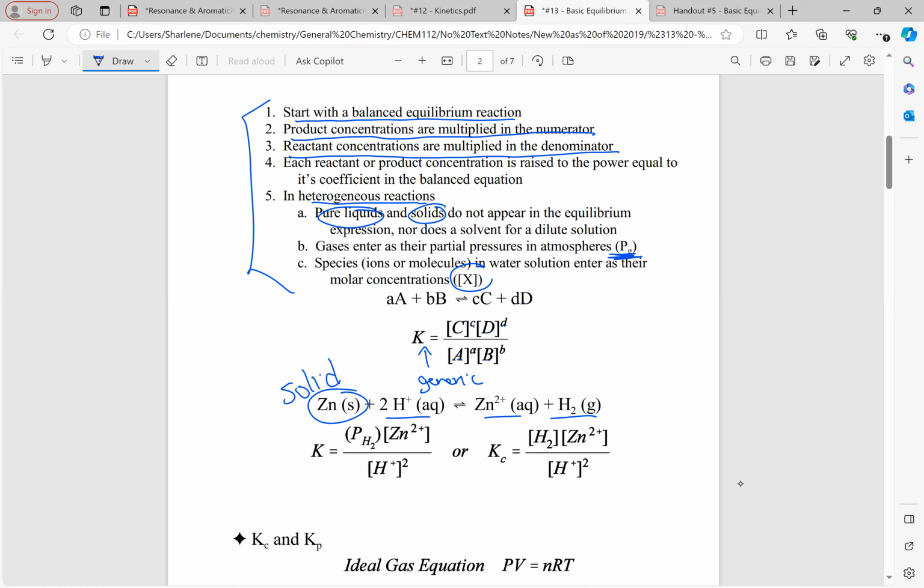So you write the big K, and everything can go in molarities. So right here, I put the hydrogen in, the zinc in, and then the proton squared. Or, do you see how I have a mix right here? Yes, you can mix pressures and molarities, but there's no subscript there.